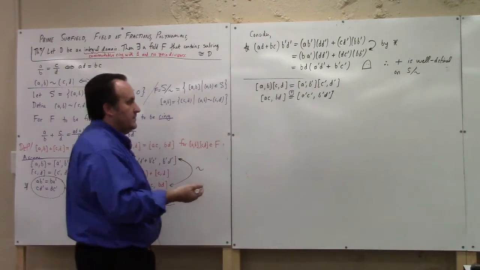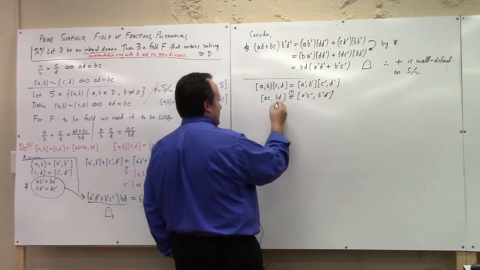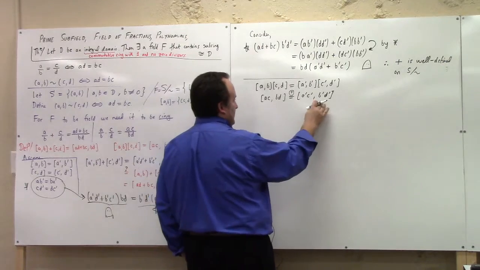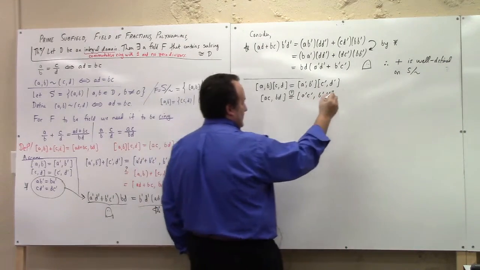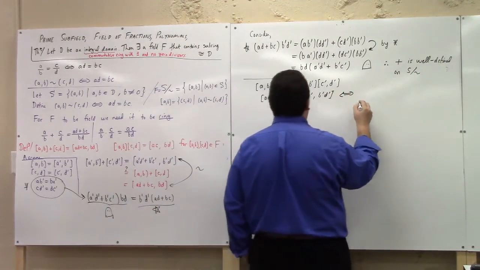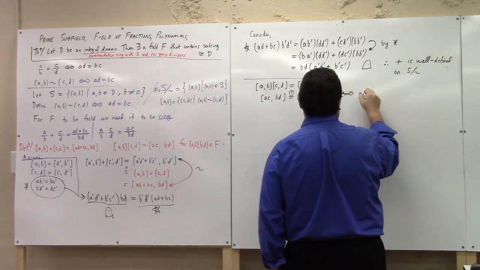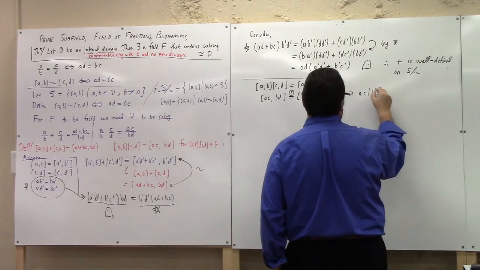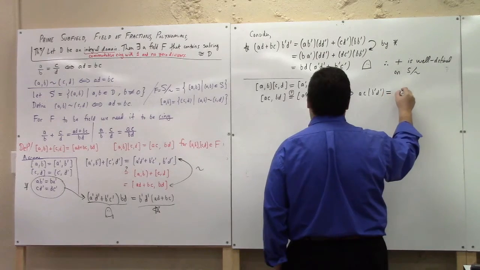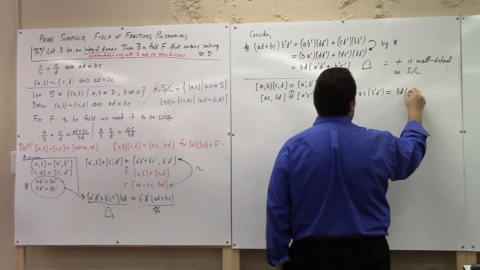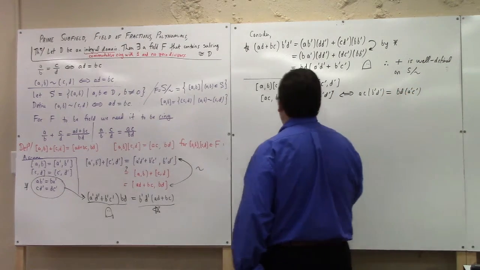Okay, so this being equal to that is equivalent to what? Yep, A prime C prime BD equal to A C B prime D prime, right?